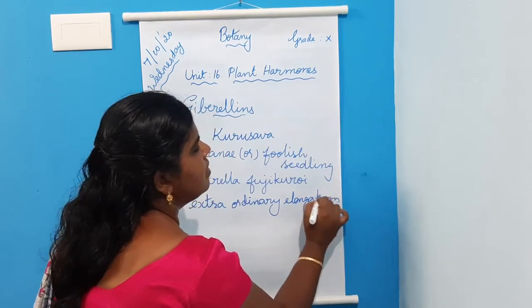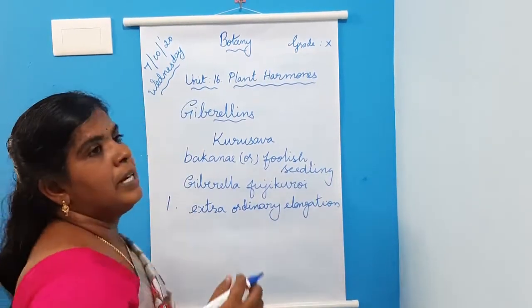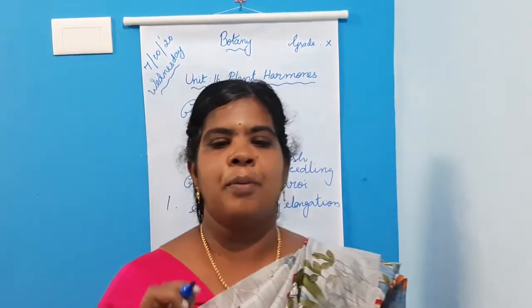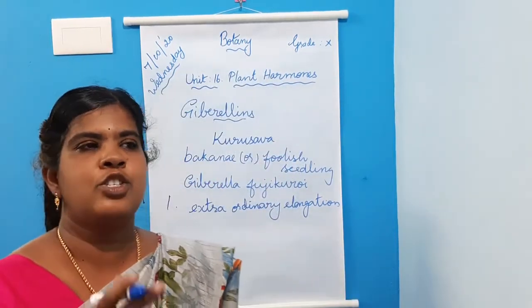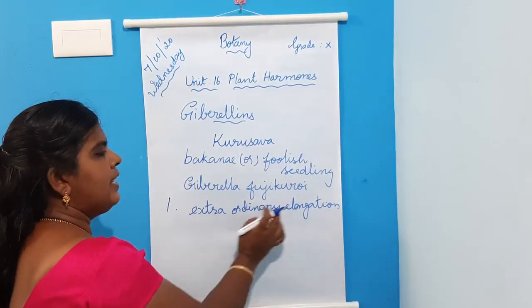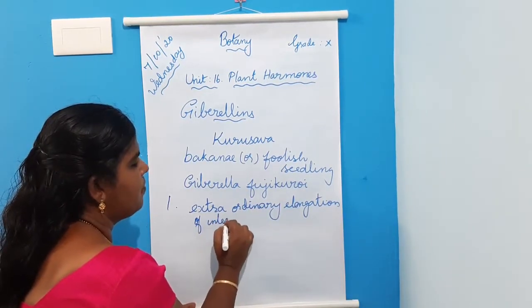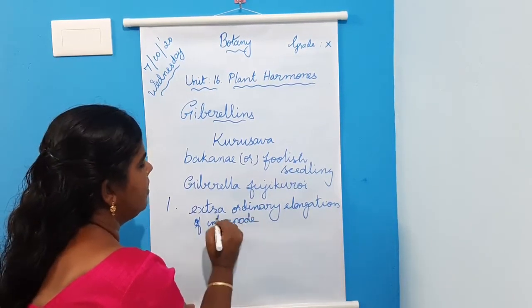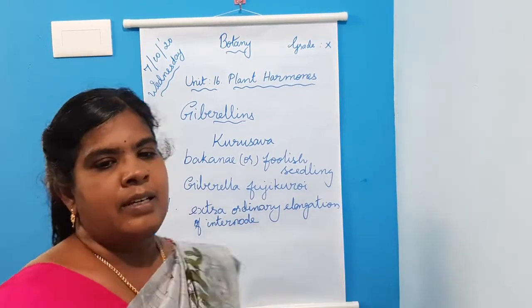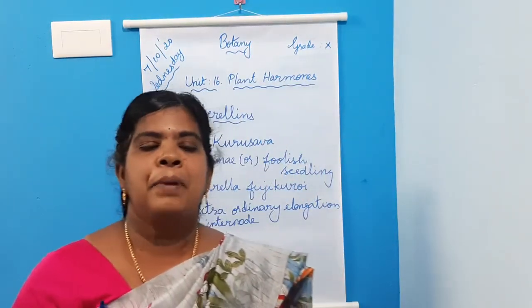Application of gibberellin or gibberellic acid on plants stimulates the extraordinary elongation of internodes. Example, corn and pea plants.